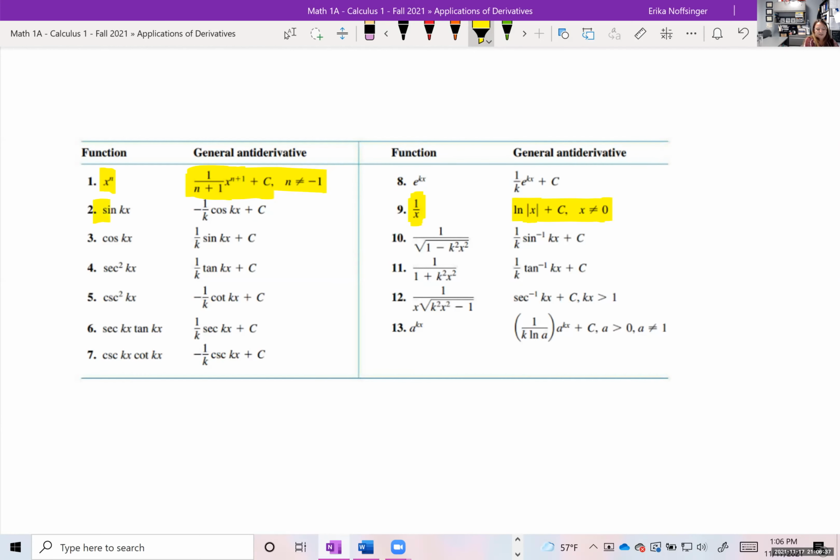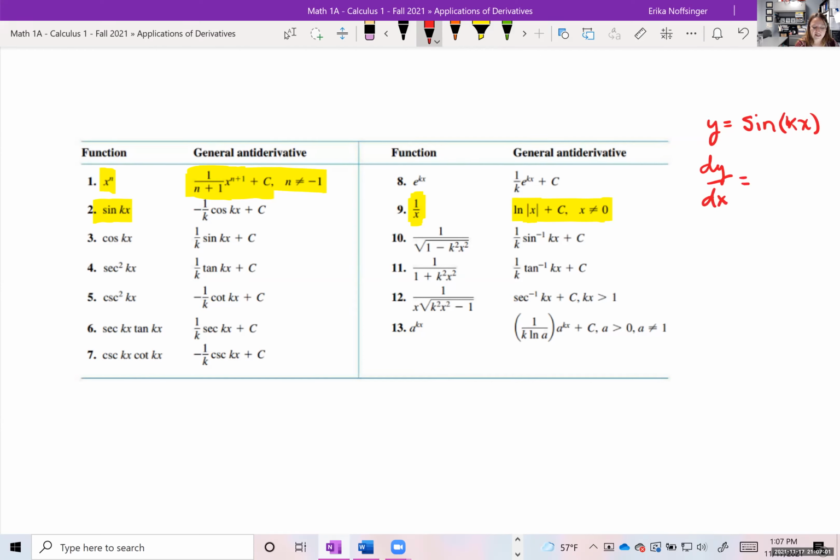So we talked about sine of x. We didn't say sine of kx, if we had some coefficient in there, sine of some constant times x. So let's look at y equals sine of k times x, and let's say we wanted to take the derivative of this.